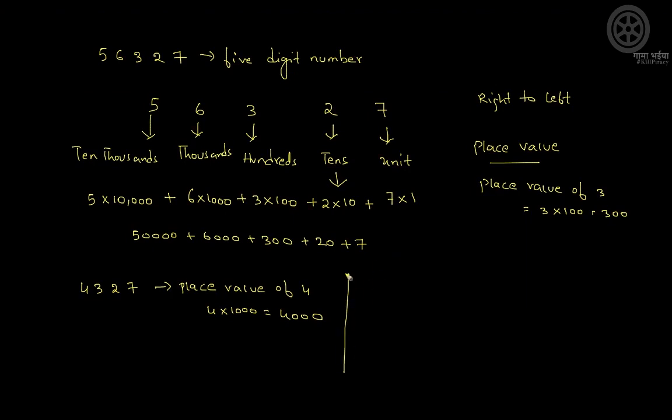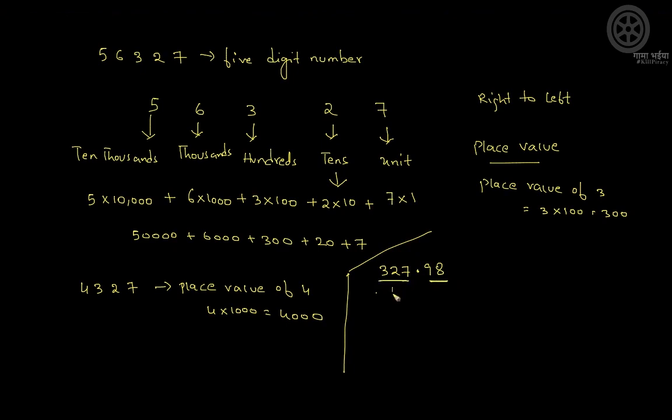Now another example, if I take the decimal point, right? 327.98. How can we express this number? How you express the 56,327, right? The number into its position, right? The same way here also we need to do the same thing. So this will be the unit digit, not the unit digit. See, you have a decimal point in between. Before the decimal point, this is the left hand side, this is the right hand side, right?